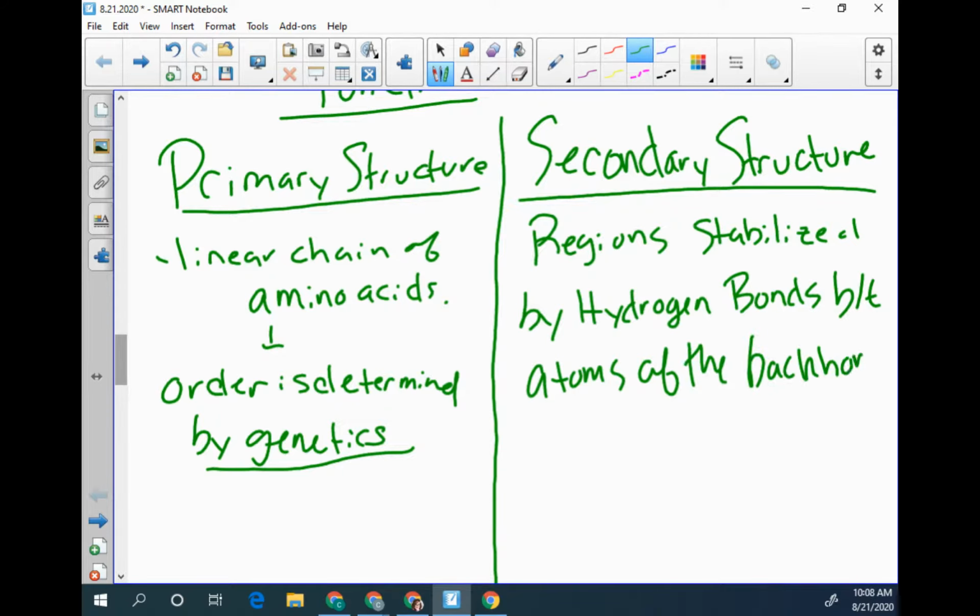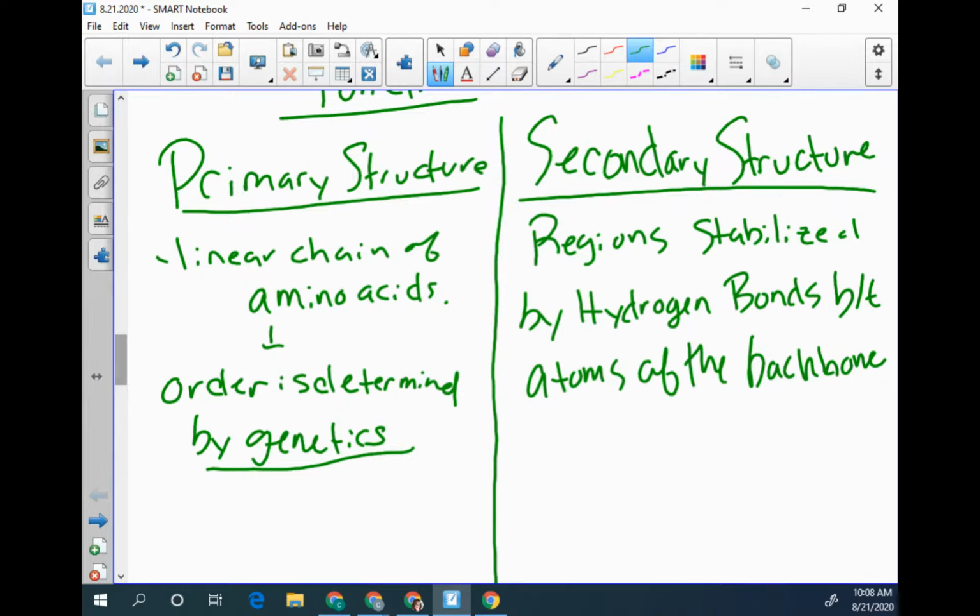So the backbone of a polypeptide is essentially what I drew when I drew the dehydration reaction. So it's everything but the R group. So it's that NCC, NCC, NCC all the way through. And those nitrogens and carbons can form hydrogen bonds.